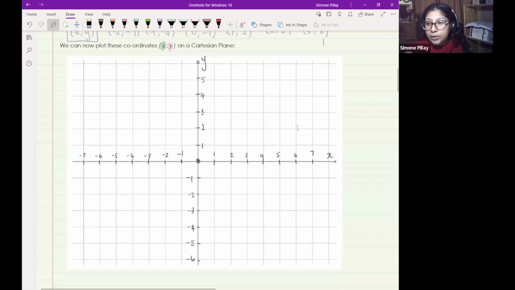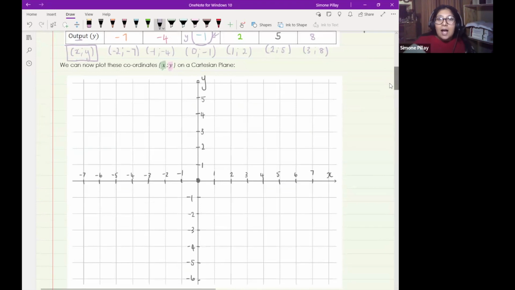And now how we do this is, I need to get to the side, but it's so full of, there we go. Okay, when we start plotting on the coordinate points, I have to go to this place, -2 and -7 on my Cartesian plane. And remember, we always start with our X value. So I'm starting over here.